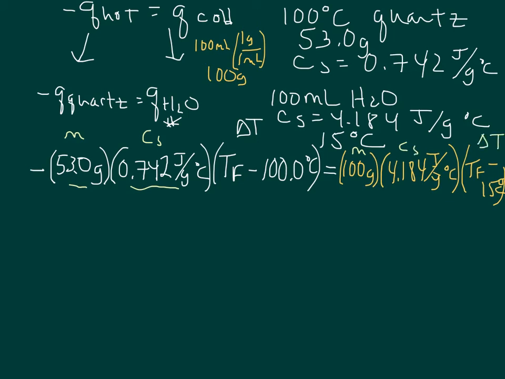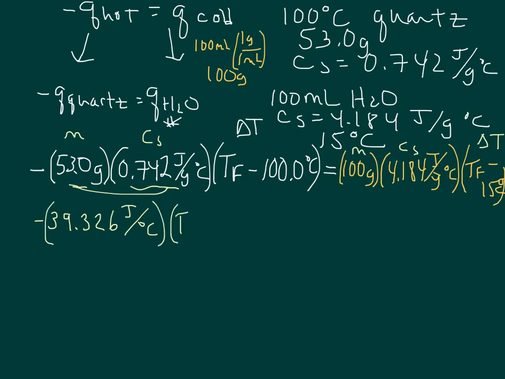All right, and so let's go ahead and multiply 53 times the specific heat. So we're going to end up with negative 39.326 joules per degree C. That's after we do that multiplication.